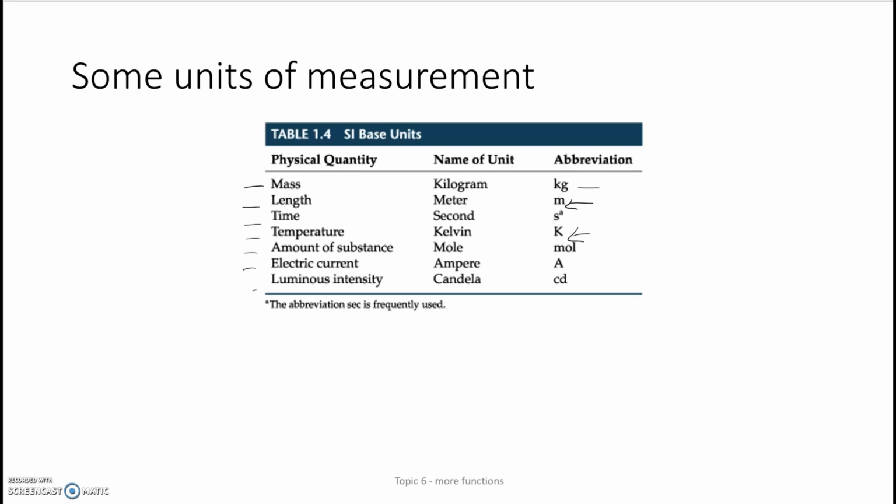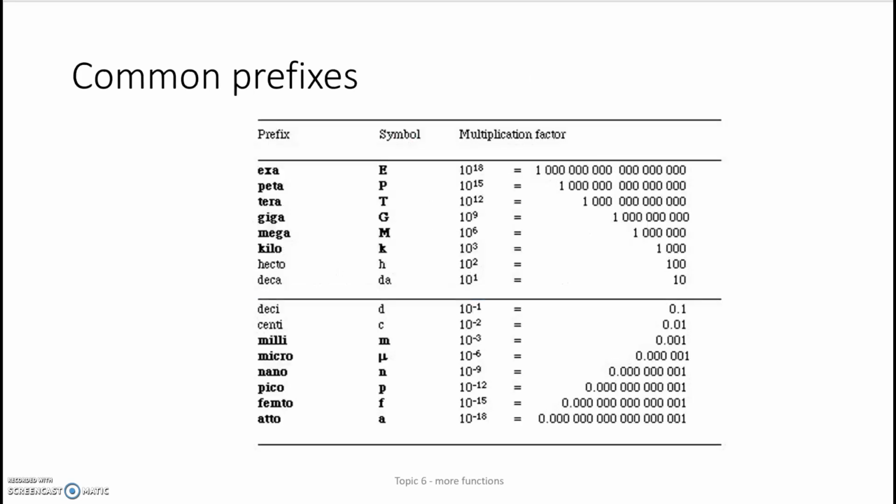But if we're going to talk about smaller or bigger measurements, then we do have to use prefixes. We'd use milli, micro, nano, might use pico. You'd certainly use kilo, mega, giga, and tera, and you might well use peta as well.